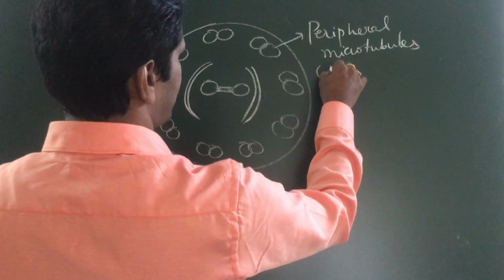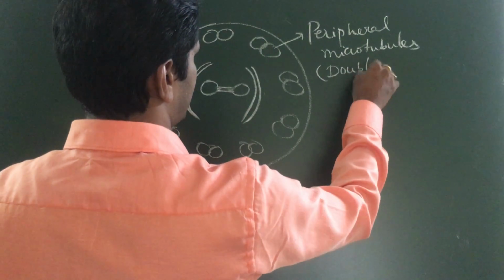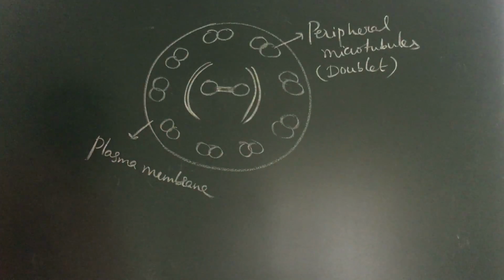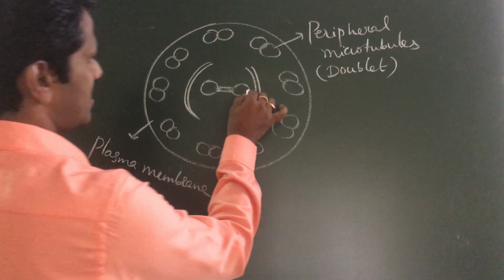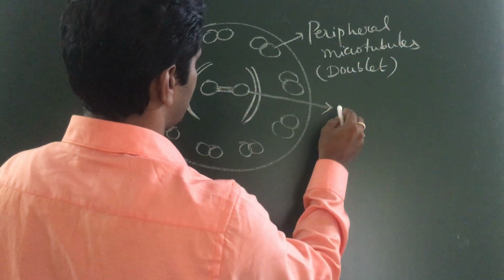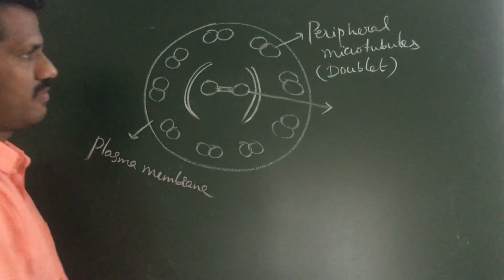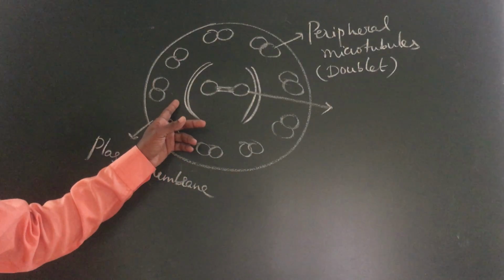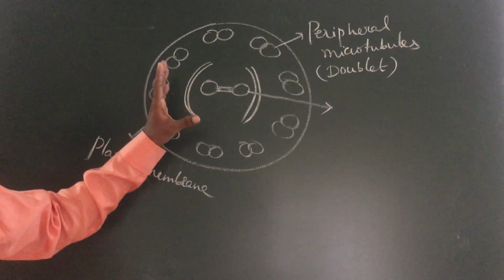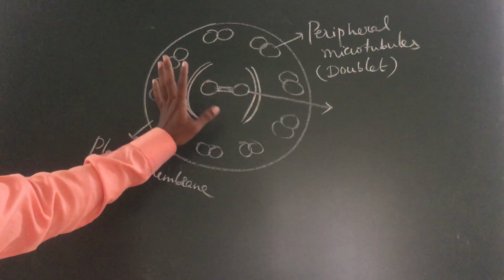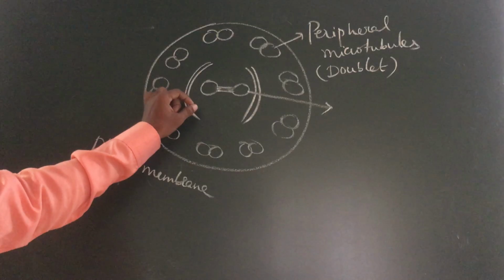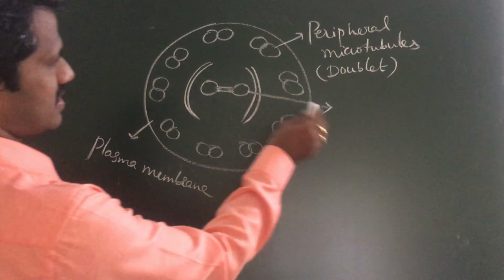So we call them doublets. As they are in pairs, we call it a doublet. And in the center, how many are there? They are not in pairs. They are separately present. So these are the central microtubules, which are singlets.